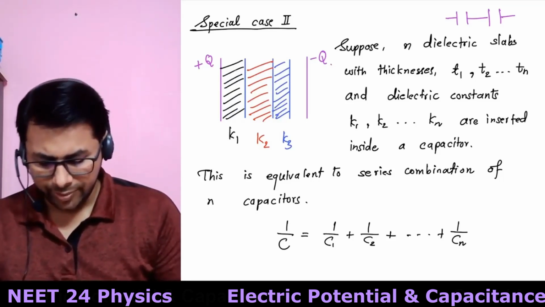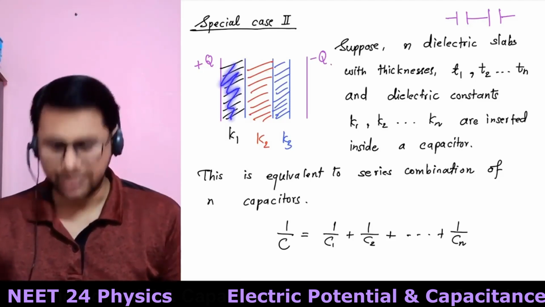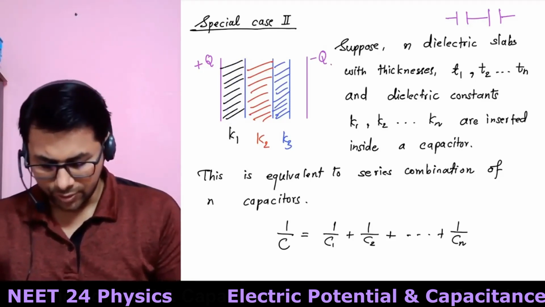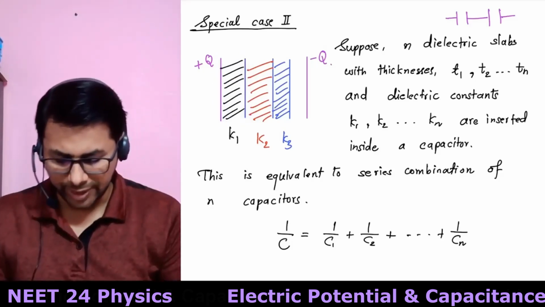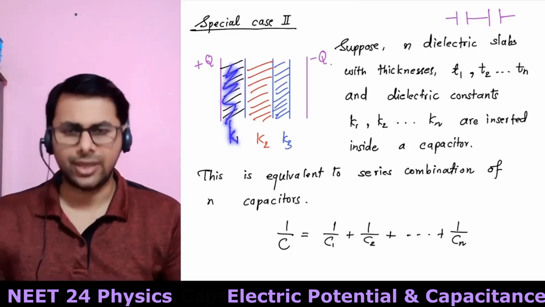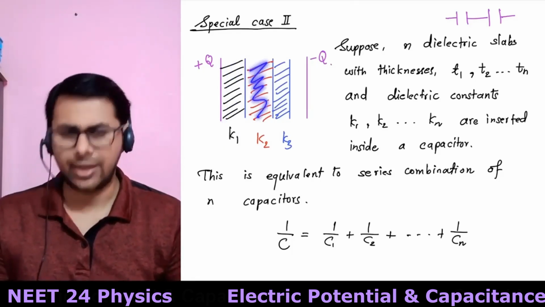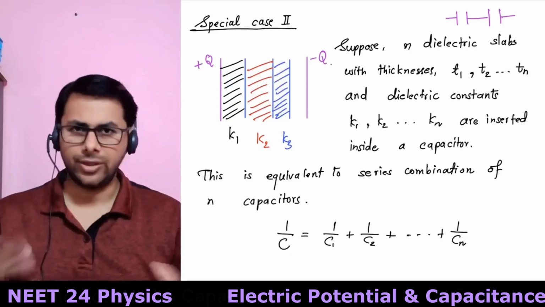You can think of these dielectric slabs like various capacitors. From here to here there are two plates, and here the dielectric constant is K1. Here you have dielectric constant K2, here you have dielectric constant K3, and so on and so forth.